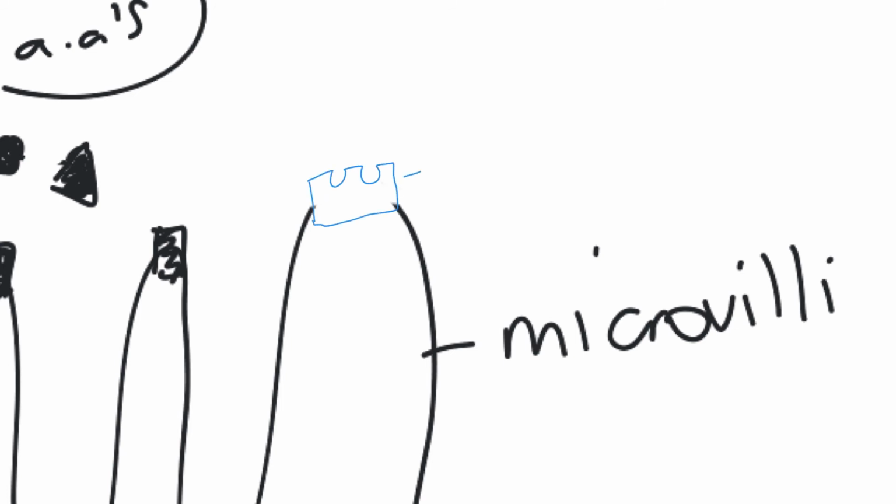This is a transport protein. It's a co-transporter. That means that it has two binding sites. The first binding site is for sodium ions, and the second binding site is for a particular amino acid.